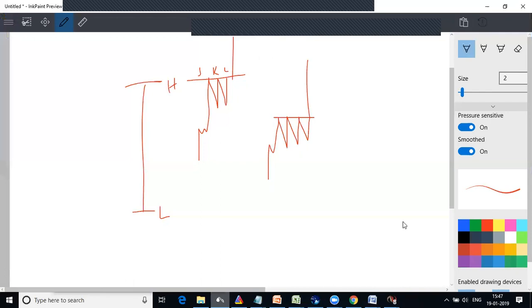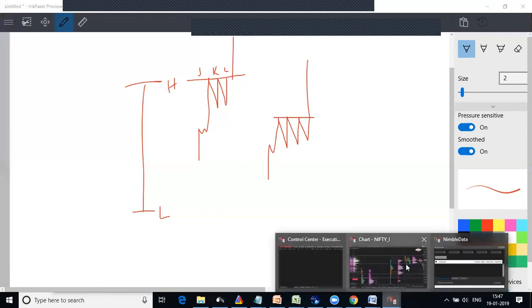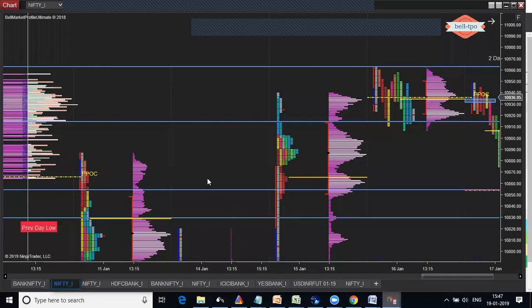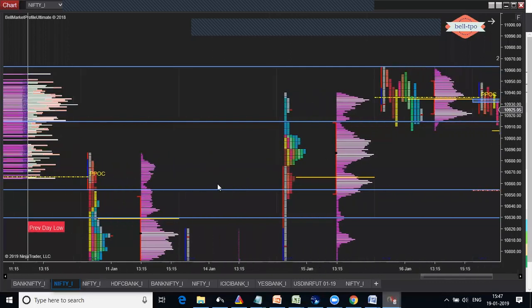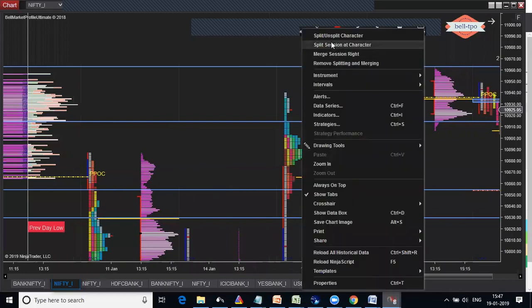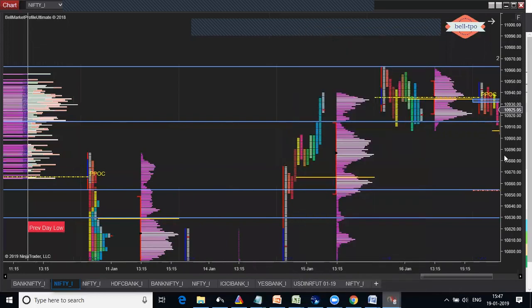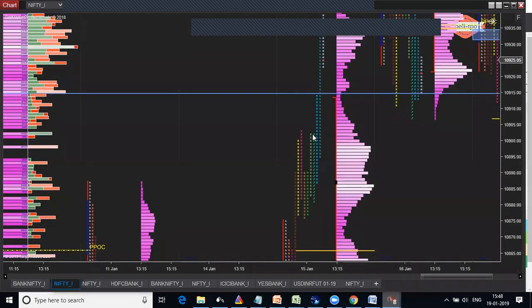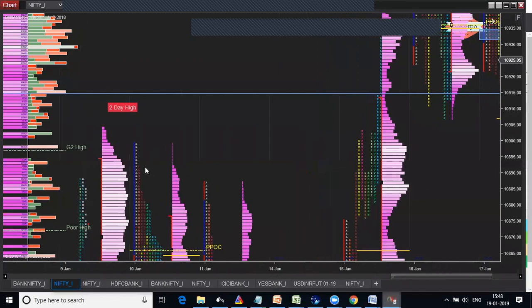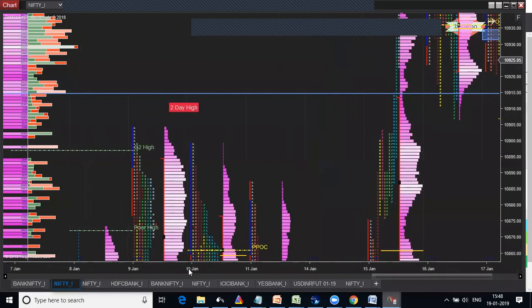So once it happened in Nifty, I'll show you. It was not a big spike, but it's a small little late spike. Here, you can see this kind of activity, letter F and I and J. The price was trading very close to the close, and it was also trading very close to the multi-day high.